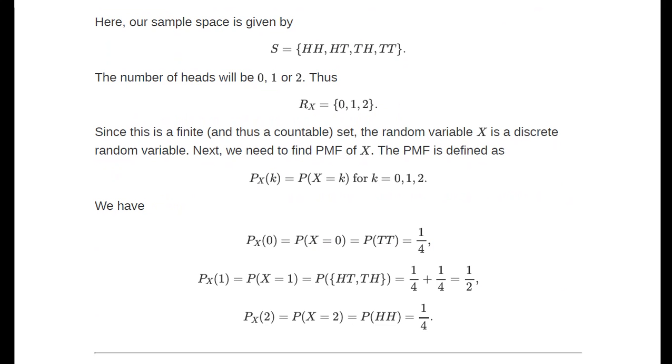P_X(1) equals P(X equals 1) equals P(HT and TH) equals 1 over 4 plus 1 over 4 equals 1 over 2. P_X(2) equals P(X equals 2) equals P(HH) equals 1 over 4.